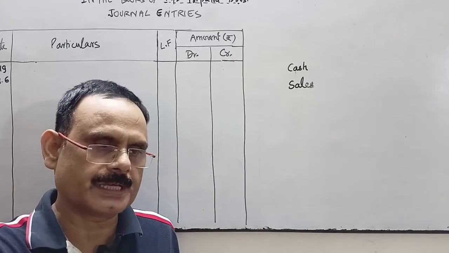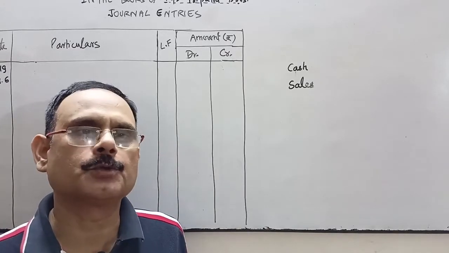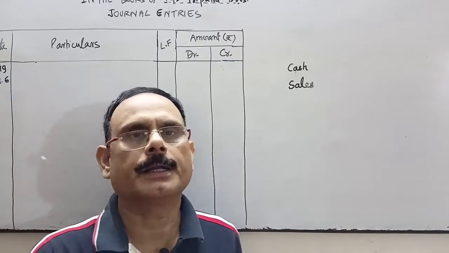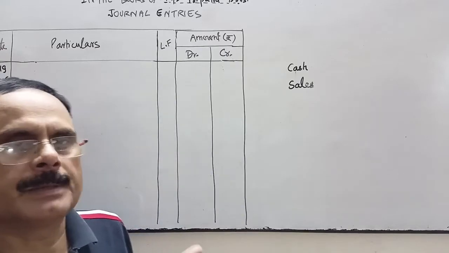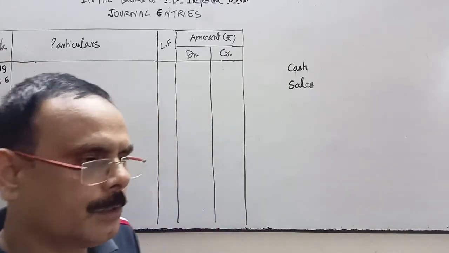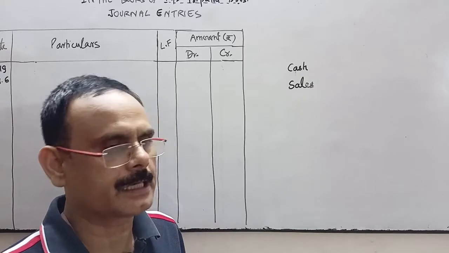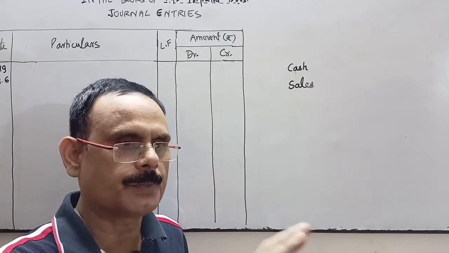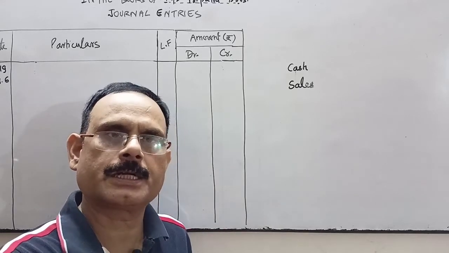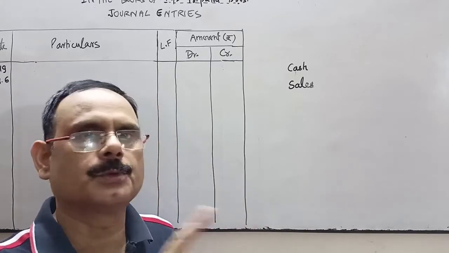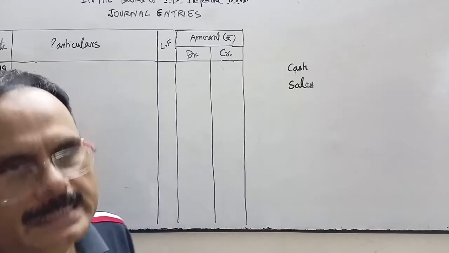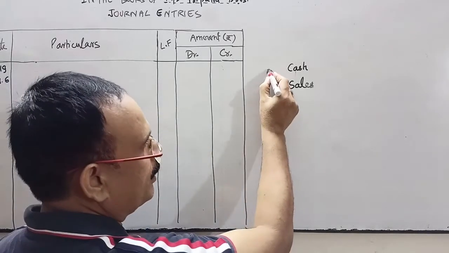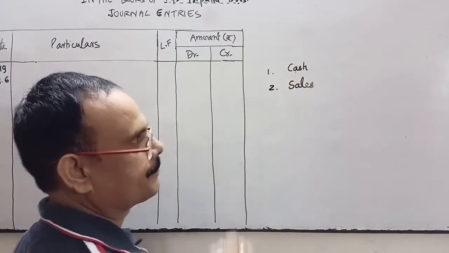If goods are purchased not for sale but to use in the business, then it becomes a fixed asset or another account, it may be an expense. So purchase account is used when goods are purchased for sale, and when they are sold we open the sales account. Here the goods are sold for cash, so two accounts will be opened.